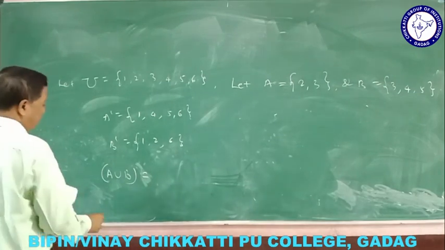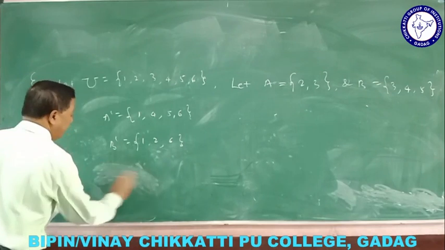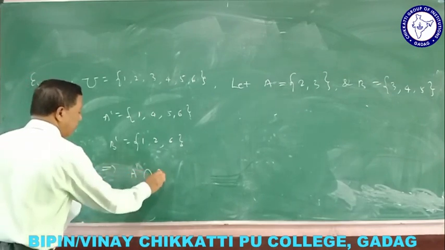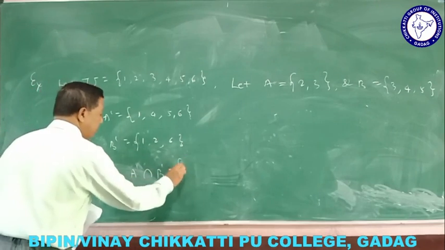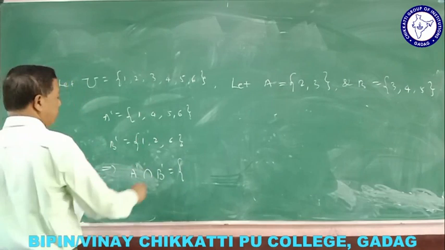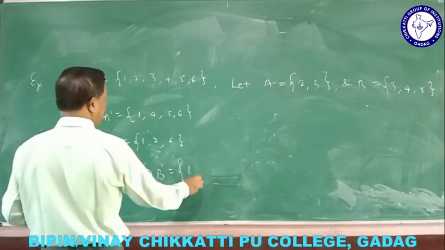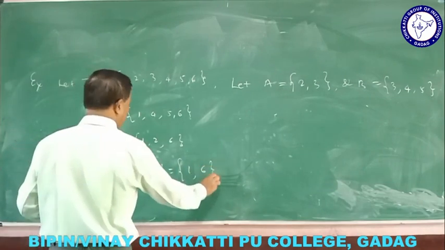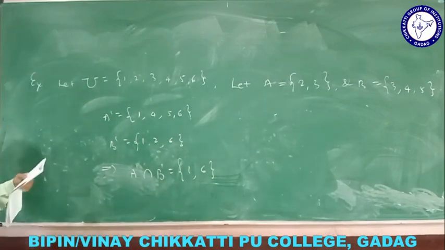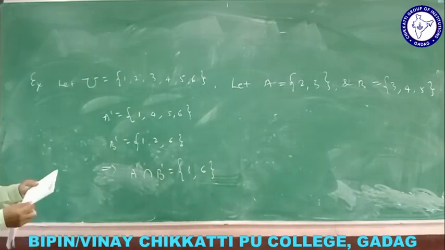Or you can go for intersection: A dash intersection B dash, that is A complement intersection B complement. See, are there any common elements? 1 is there, 6 is there. So A dash intersection B dash is 1, 6.